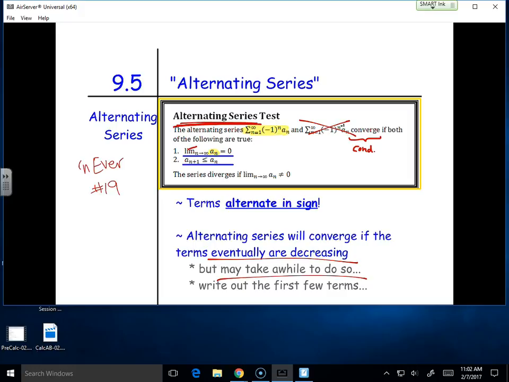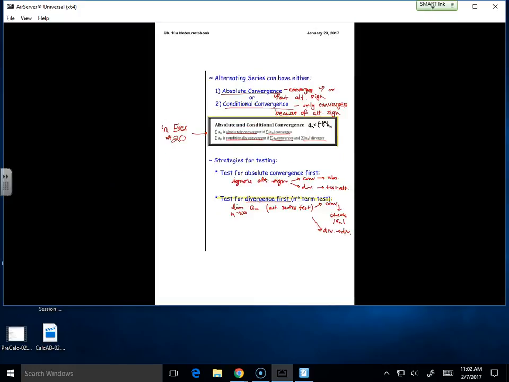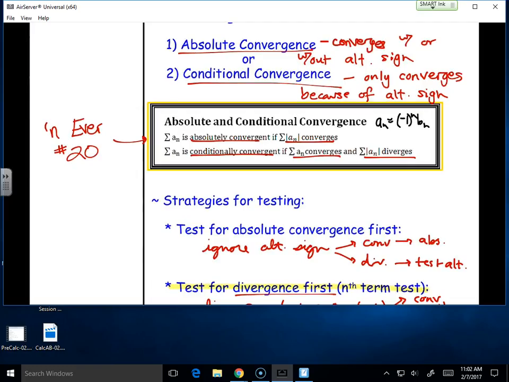Otherwise, if it wasn't alternating, if we were looking at the absolute value, this does not mean anything unless it's in the context of alternating series. Okay, so we have that endeavor card. We also have endeavor card number 20 that talked about absolute versus conditional convergence.